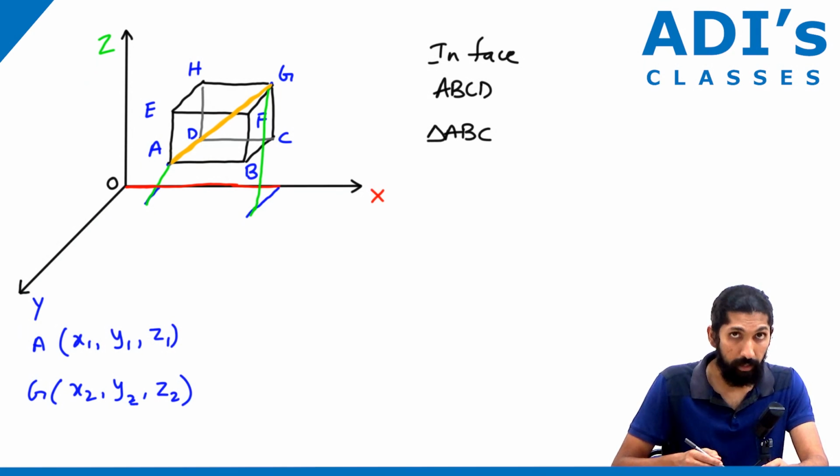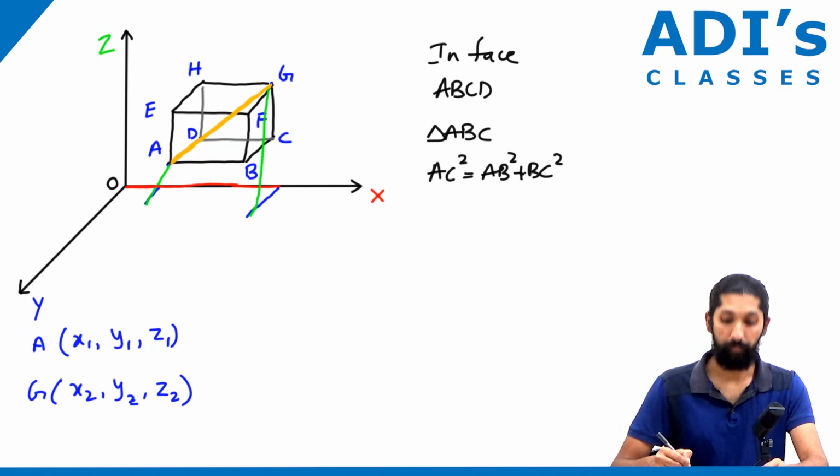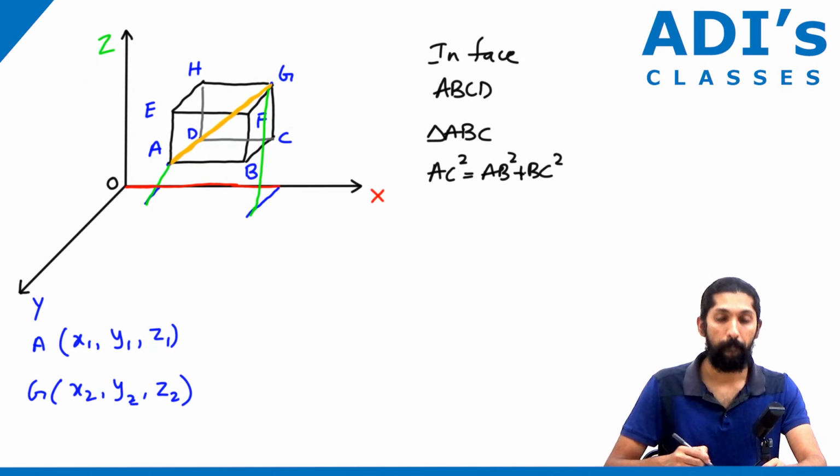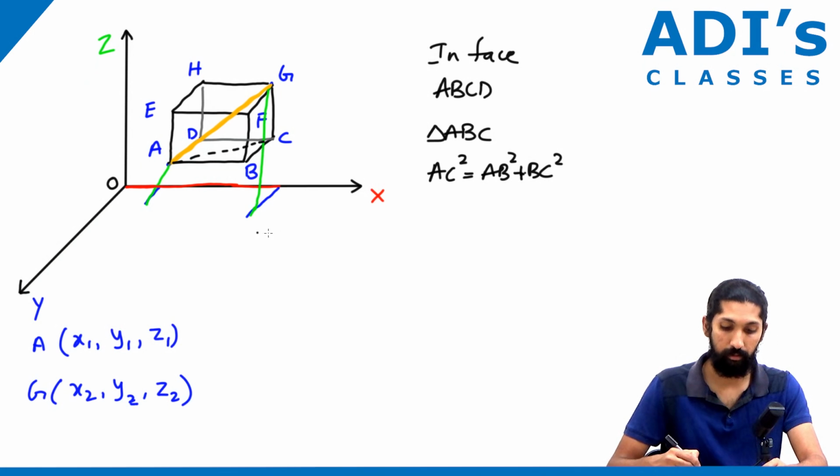Okay, now when you take triangle ABC, what you can say, AC square is equal to AB square plus BC square. Correct? This is basically AC square. Now what you do, you join A and C like this. Here you got AC.